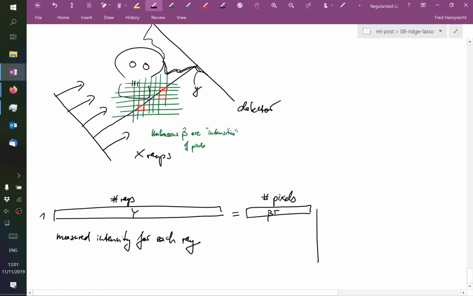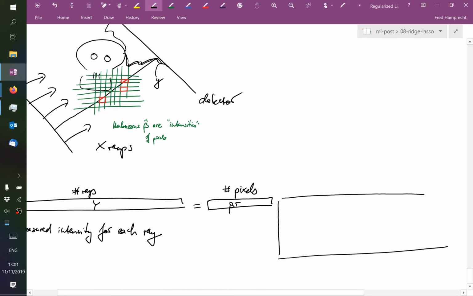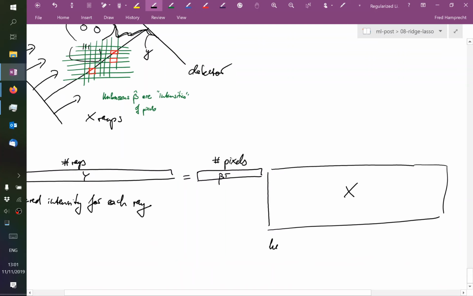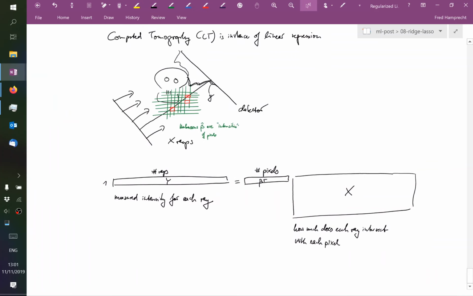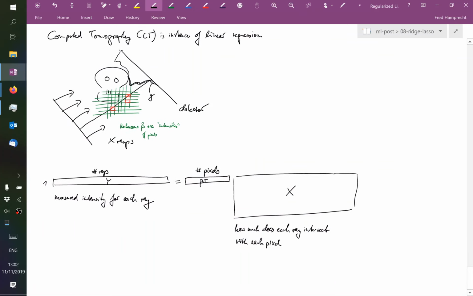And we have the measurement matrix, X, which tells us about how much does each ray intersect with each pixel. So the dimensions are number of pixels times number of rays.